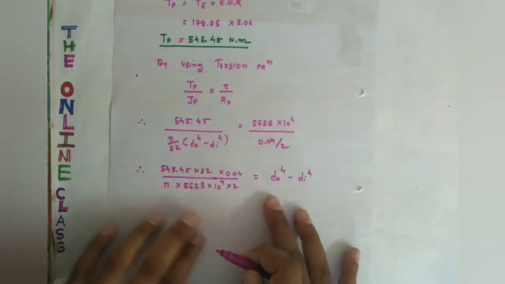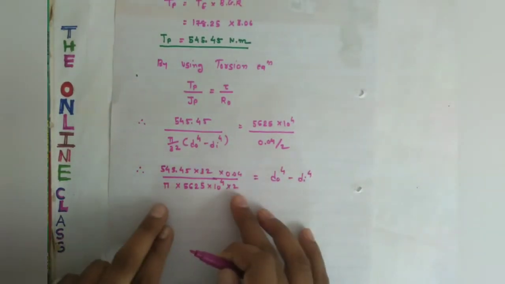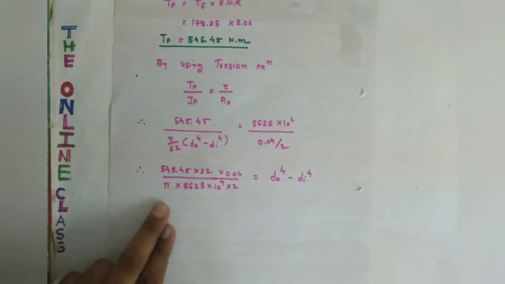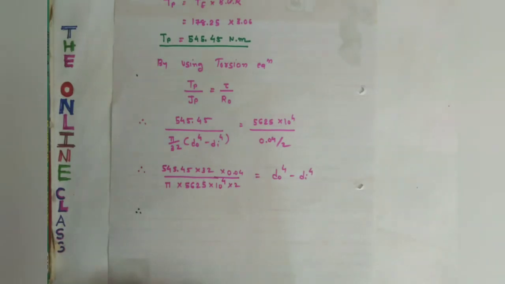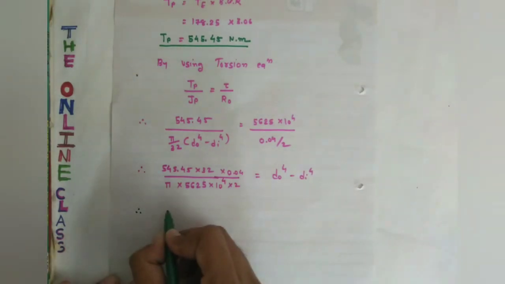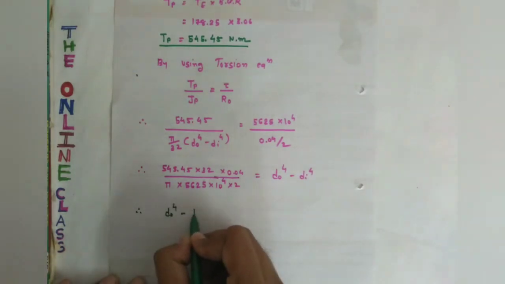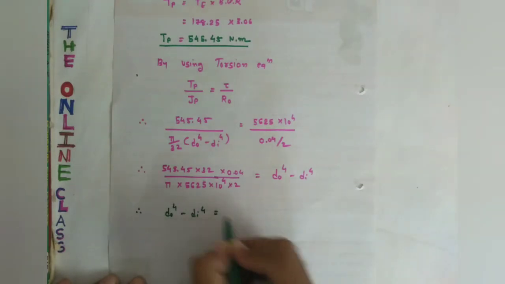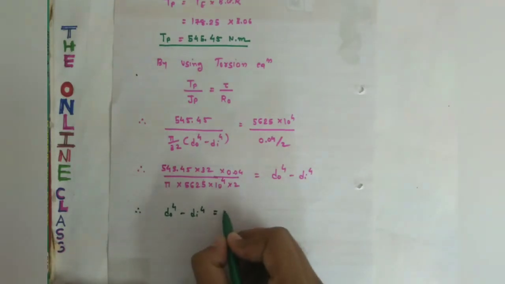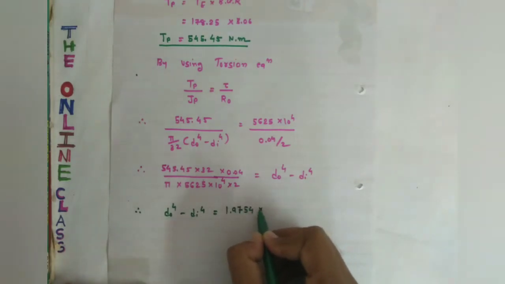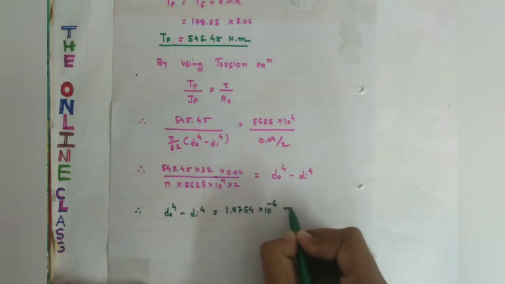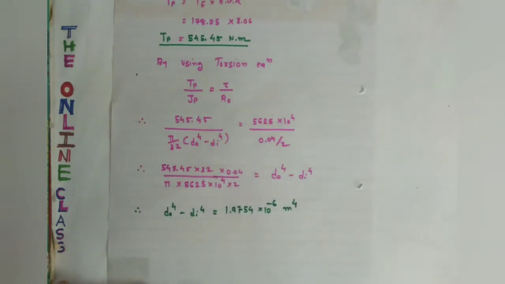Then multiplying and dividing, we have DO raised to 4 minus DI raised to 4 is equal to 1.9754 into 10 raised to minus 6 meter raised to 4.